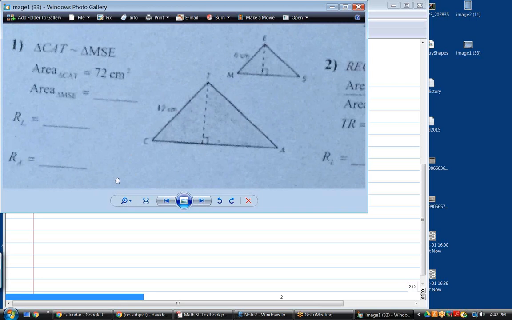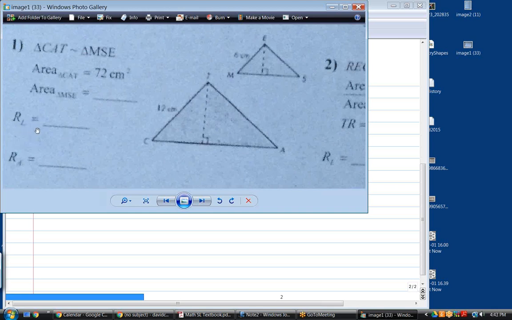Problem 1 has to do with this triangle and this triangle. It says that they're similar. And the area of the bigger one is 72. What are we asking for?